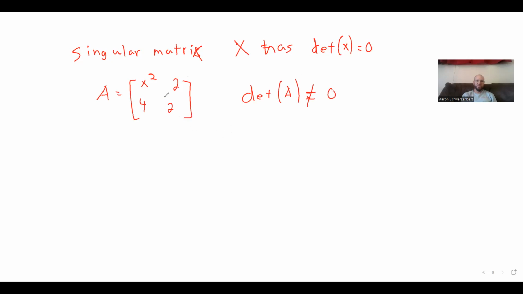So we're going to find what values X cannot equal. X could equal all kinds of values, but it can't equal something. So to do this, I'm going to go 1 over AD, that's X squared times 2, minus BC.